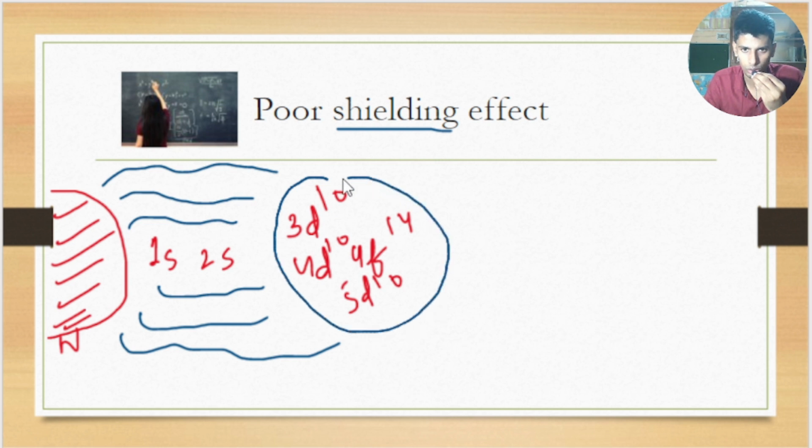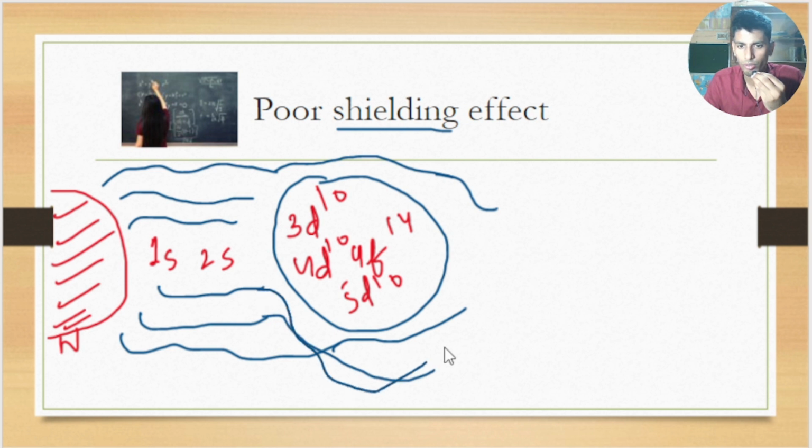In this particular case, the nucleus is sending the effective nuclear charge, but these d and f orbital electrons will not shield this effective nuclear charge, and the entire effective nuclear charge goes to the outermost orbitals, for example ns2 and np3.